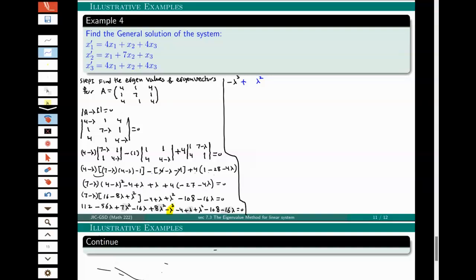And I have 4 times minus 27 minus 4 lambda. That is now okay. And I have here minus 4, it's not lambda squared here anymore. It will be lambda plus lambda minus 108 minus 16 lambda. Okay, so let me remove this one now.